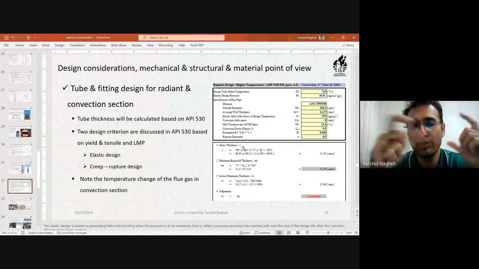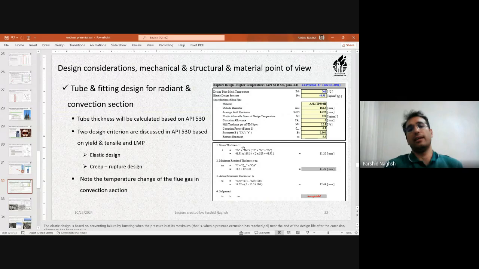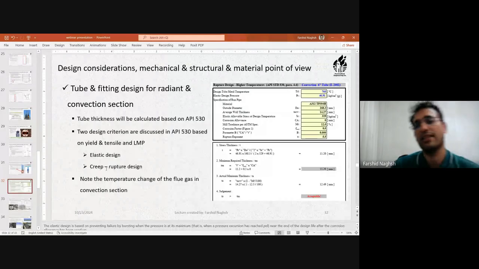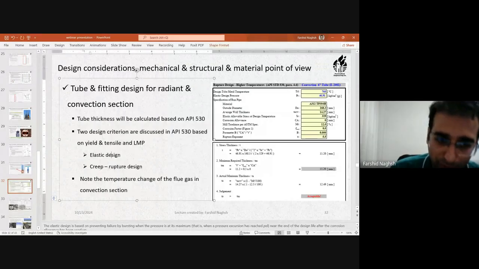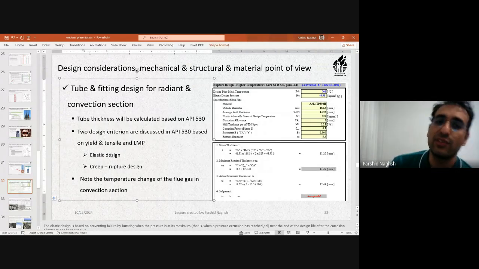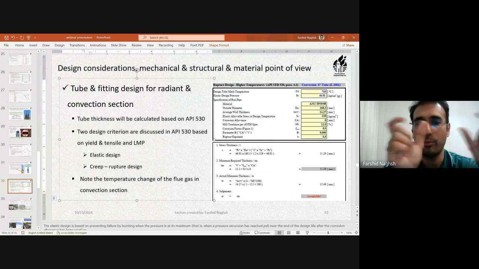There are two criteria to design the tube per API 530. The first one is elastic design. The second one is creep rupture design. In both methods the thickness of the tube is calculated, and then they are compared together.